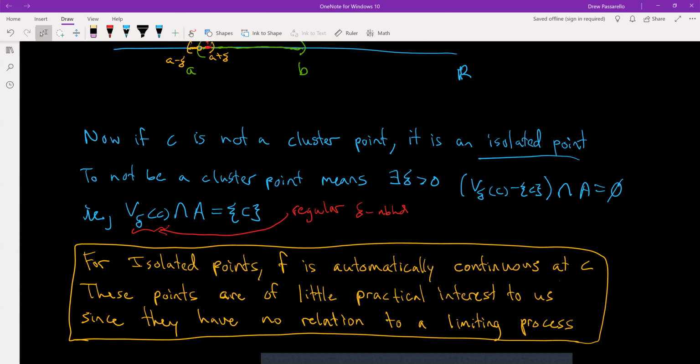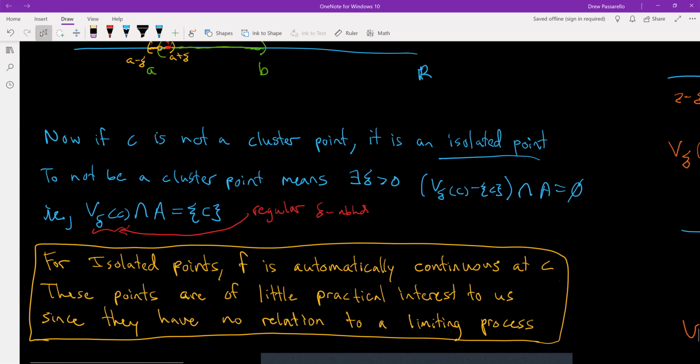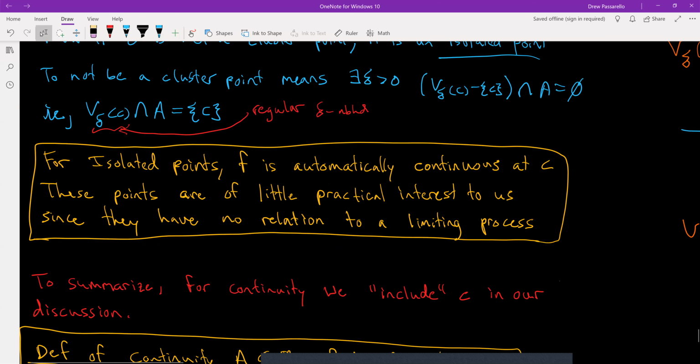Okay, so for isolated points, f is going to be automatically continuous at C, and these points are of little practical interest to us since they have no relation to a limiting process. So to summarize, for continuity, we're going to include C in our discussion.